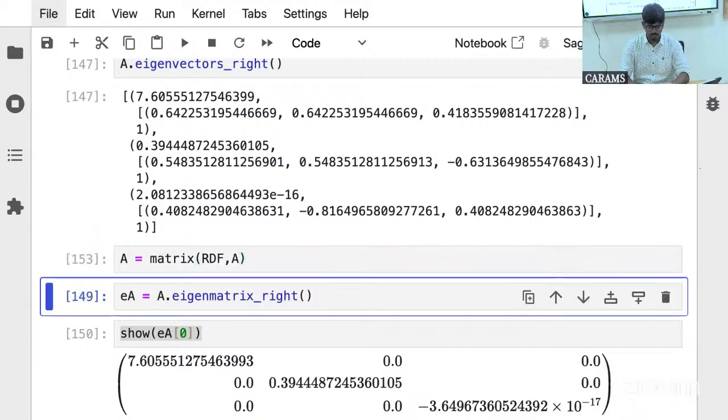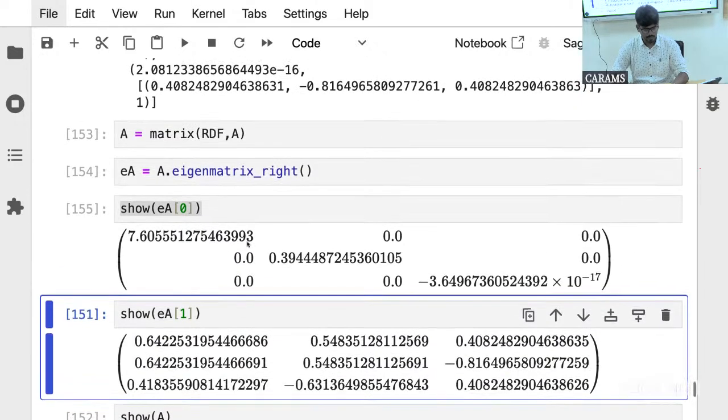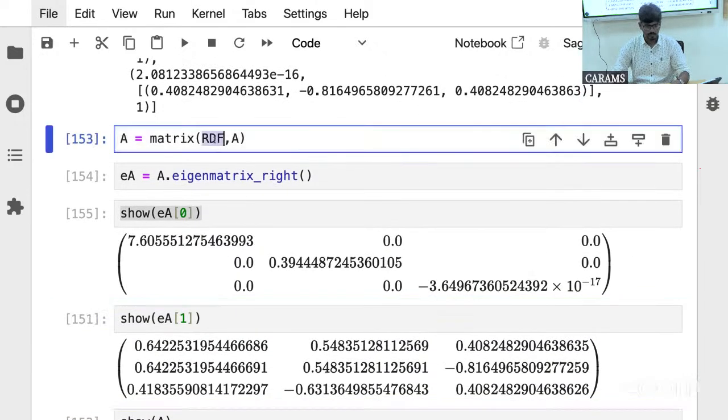Let me check whether it will work or not. Yes. Yeah, now also it gives me that much. I don't know. This is one problem is there. That numerical approximation will actually tell you to consider this as a non-zero, but that's not actually non-zero. That should be supposed to be 0.